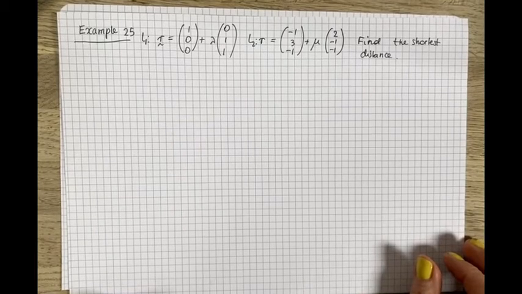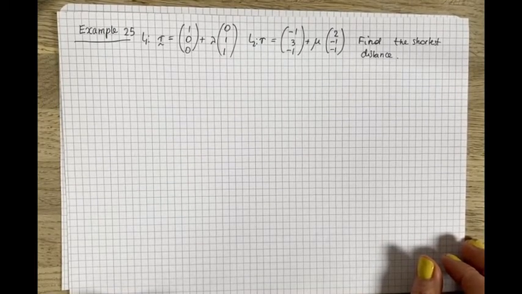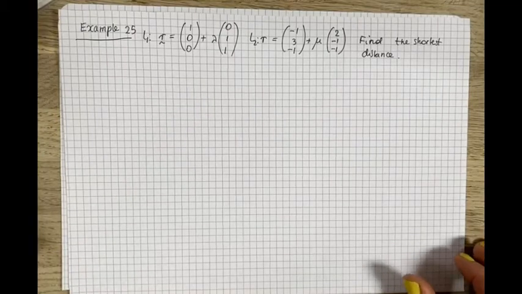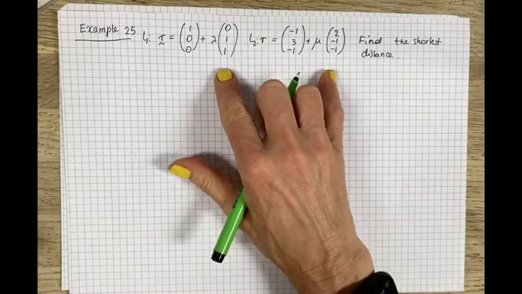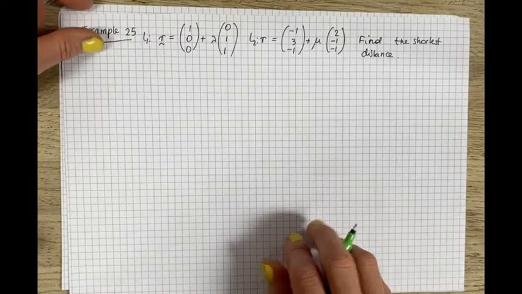This time we've got two lines and we have to find the shortest distance between these two lines. So we are going to assume that they don't intersect. We haven't been asked to show that they are skew lines, but they will be either parallel, which they are not, or they are skew lines, so they do not intersect, so you don't need to consider that.